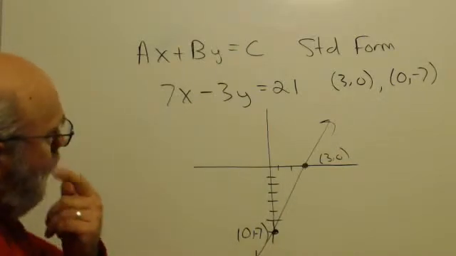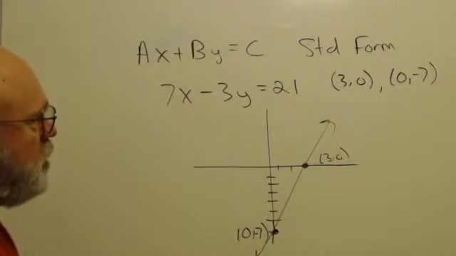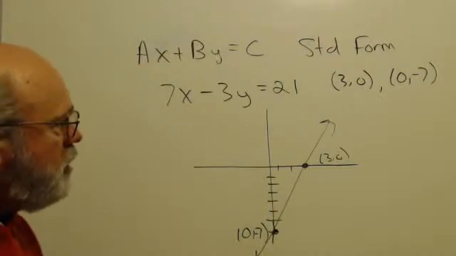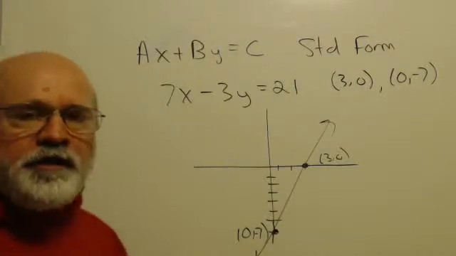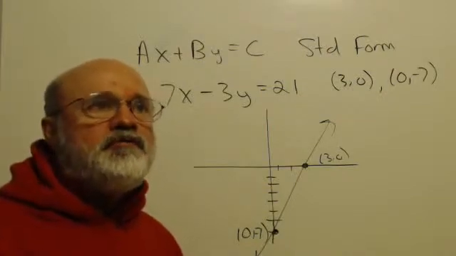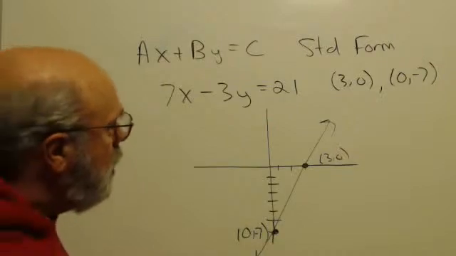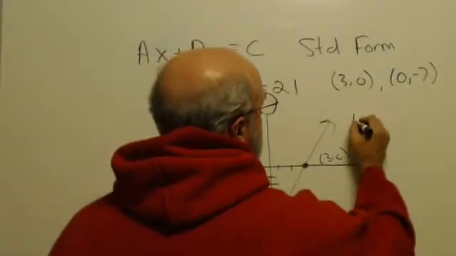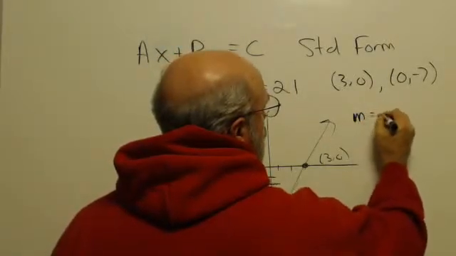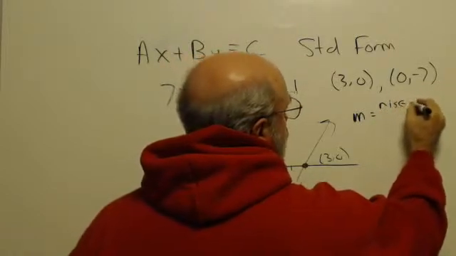Okay. Once we've done that, there's another thing that we're typically interested in, and that's the slope of the line, because it gives us the rate of change of one variable in terms of the other, typically y in terms of x. And slope, m for slope, is rise over run.